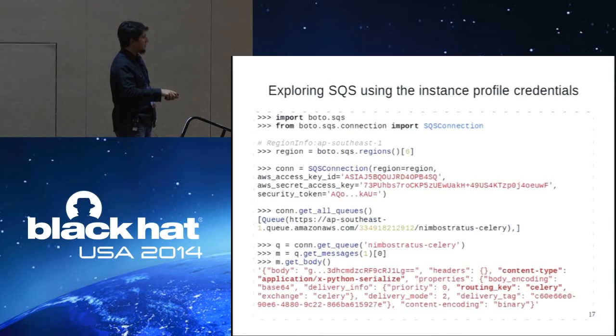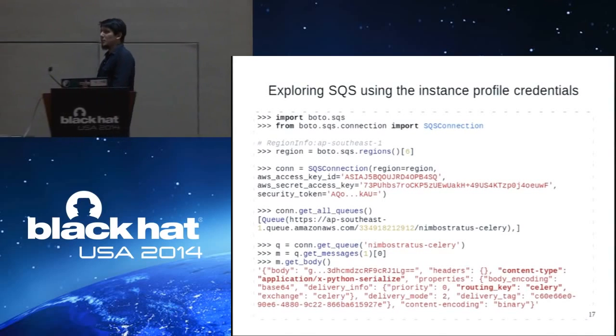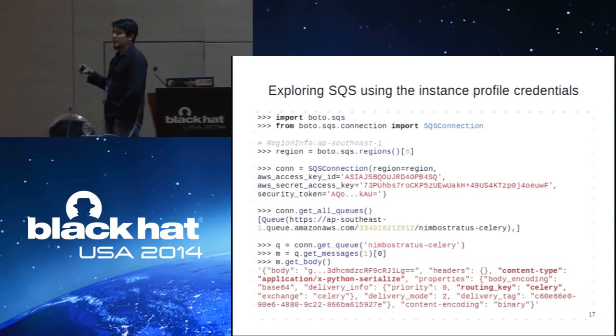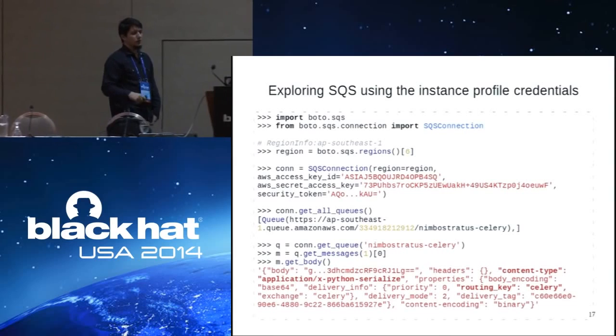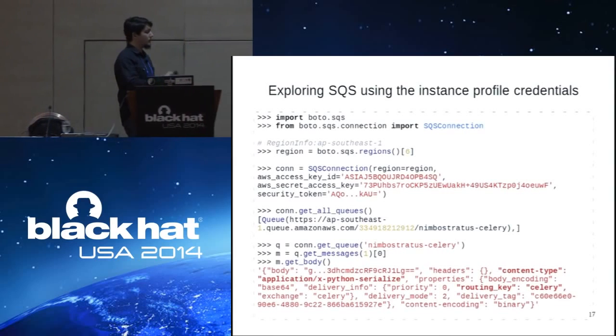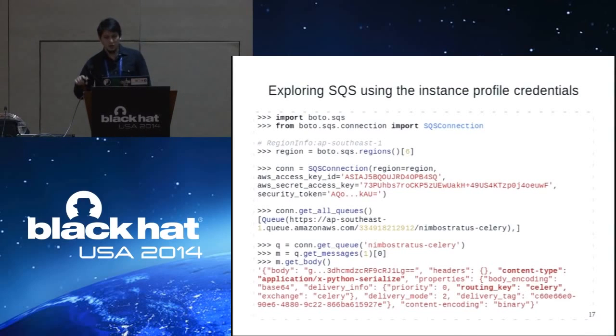So I found a queue there that's called Nimbus Stratus Celery. And then I said, all right, give me one of the messages that someone stored in that queue. I get one of the messages, I inspect the body, and I find 2 interesting things. First, content type application X Python serialize, and the second was routing key Celery.